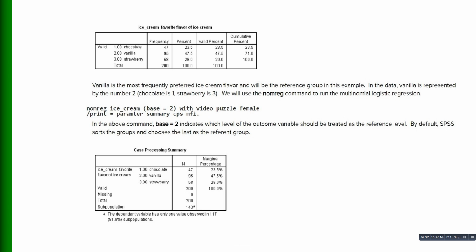Chocolate is coded as 1, vanilla is coded as 2, strawberry is coded as 3, and these are the frequencies of the students' preference for various flavors. 47 of the total 200 students preferred chocolate. 95 students out of 200 preferred vanilla, and 58 of the 200 students favored or preferred strawberry. So here are the percentages.